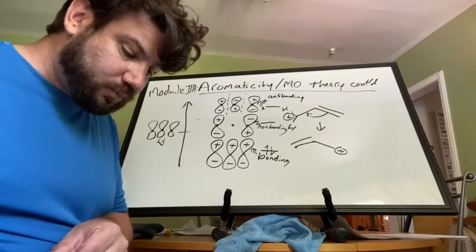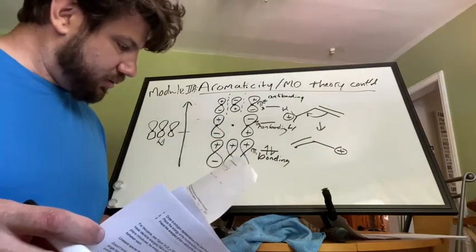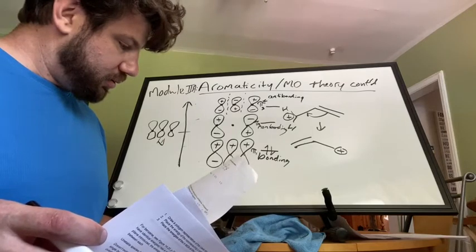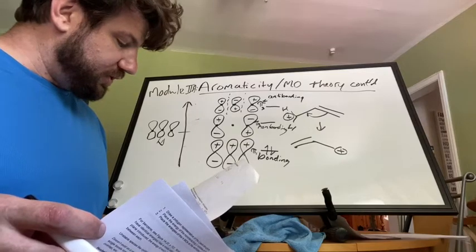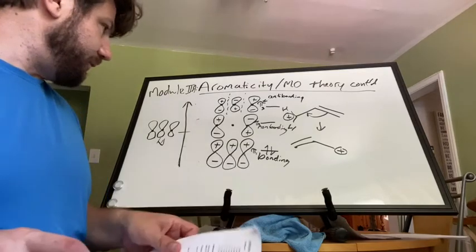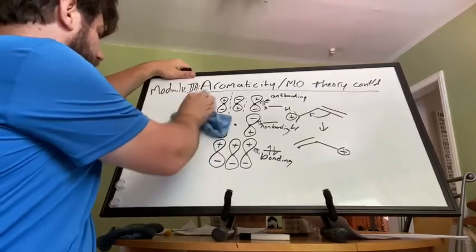Okay. So let's take a look now at butadiene, 1,3-butadiene. Okay, so now that's going to be 4 total nuclei.